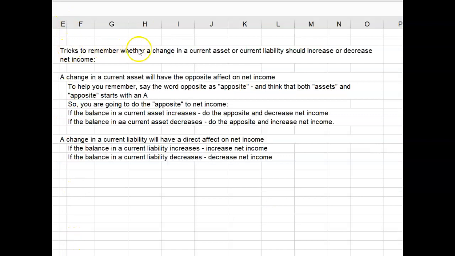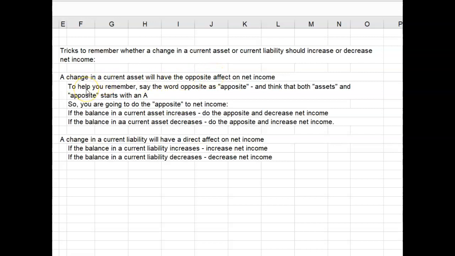Here are some tricks to remember whether a change in a current asset or a current liability should increase or decrease net income on the statement of cash flows. A change in a current asset will have the opposite effect on net income.